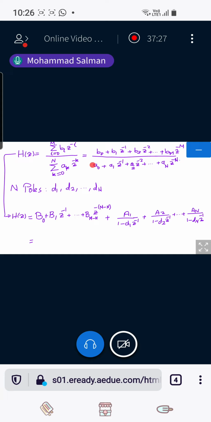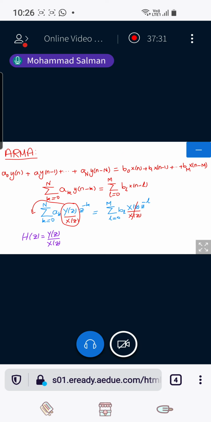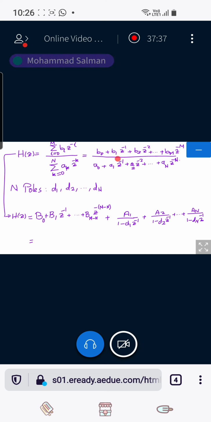Now, what if we don't have a denominator? In other words, we just have y of n without these parts. What will happen? We will have only this part, right? Because with no denominator, there are no partial fractions. If we have both the denominator and the numerator and the degree is greater, we'll have both.